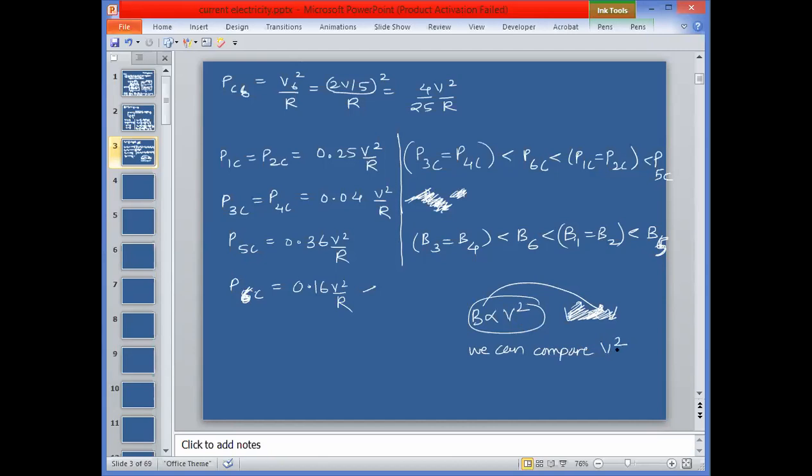We can compare V square or V as all the resistances are equal. All the resistances, म्हणजे बल्बची रेजिस्टन्सेस R इक्वल. Okay sir, fine.